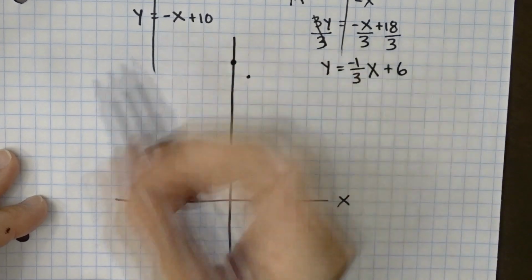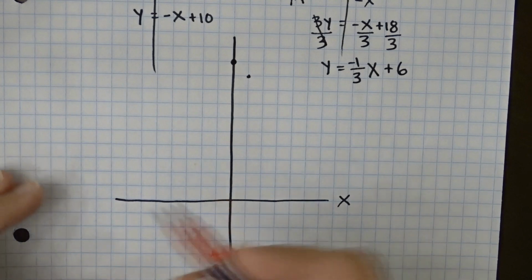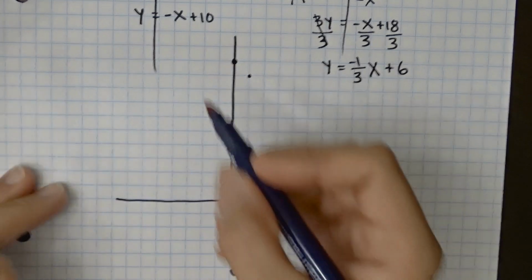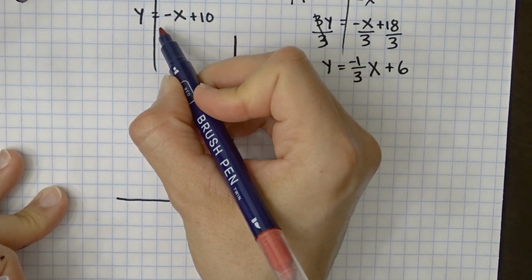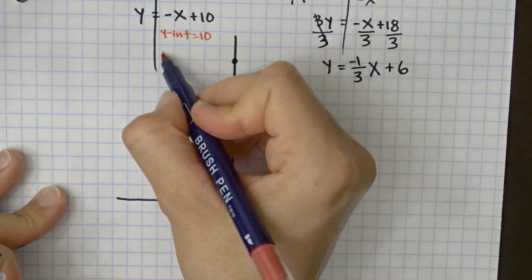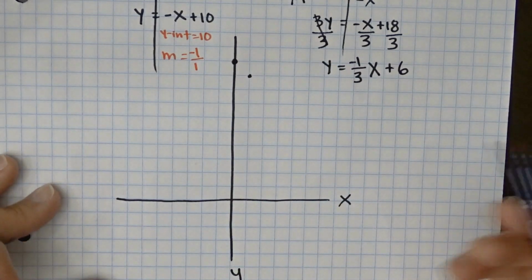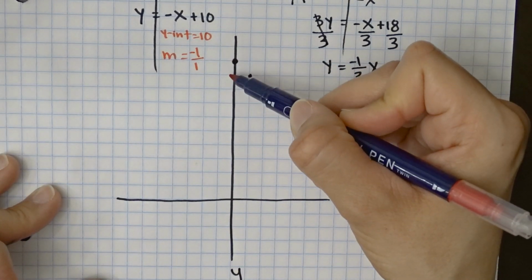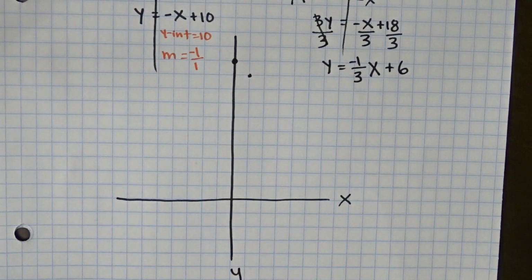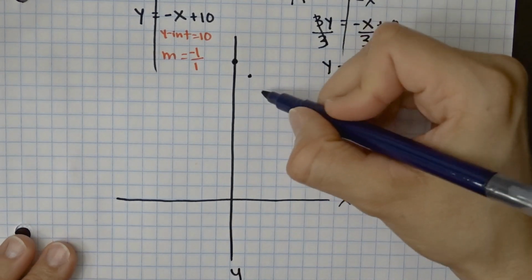Okay, let me just write that down so we know what I did. A little recap. So this means for this one, my y-intercept was 10. My slope was negative 1 over 1. Okay, that's why I started at 10 and I went down 1 over 1.